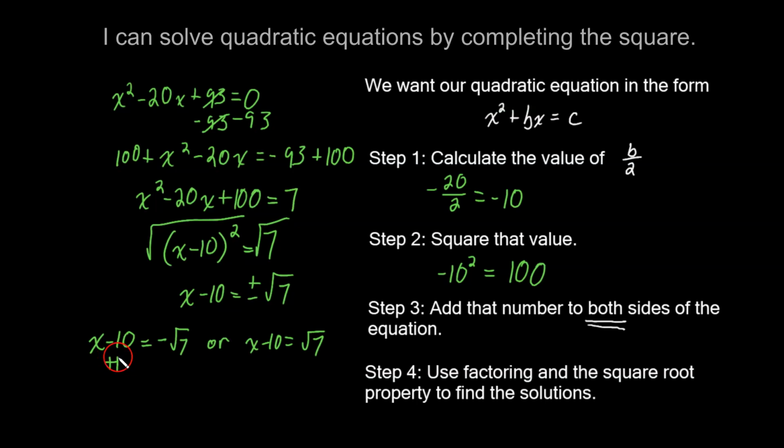In either case, we would add 10 to both sides, which would give us x is equal to 10 minus the square root of 7, or, adding 10 again, x is equal to 10 plus the square root of 7, and that would be our final solution. So that is it for a video on completing the square. Hope after watching this and getting a little bit of practice, you can say, I can solve quadratic equations by completing the square.